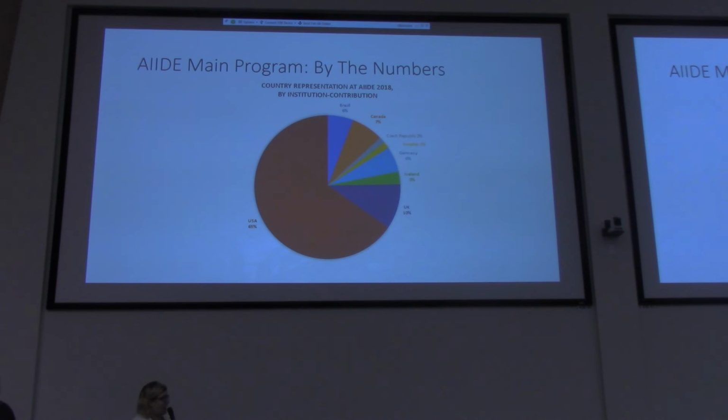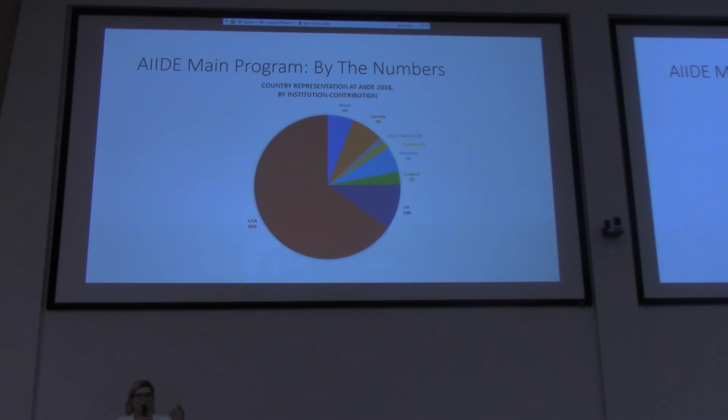It's not AI without charts. So this is a chart that's just trying to show, although the text is surprisingly small on that projected, how countries are represented at AIIDE based on the institution having a contribution, right? So if there's 4 people from one institution, that counts as 1 because it's one institution.